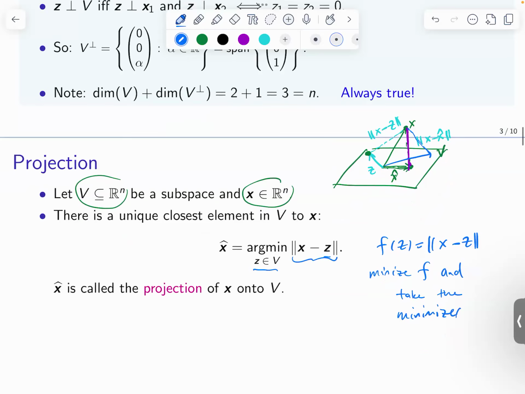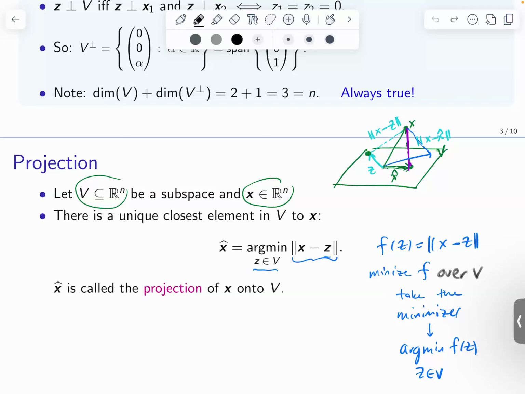This is going to be argmin of F(Z) as Z varies in V, so we minimize over Z, over V. Okay, it's an optimization problem basically. You minimize a particular function, which is the distance of the vector to the subspace, and the minimizer, whatever minimizes it, I'm going to represent with X hat.